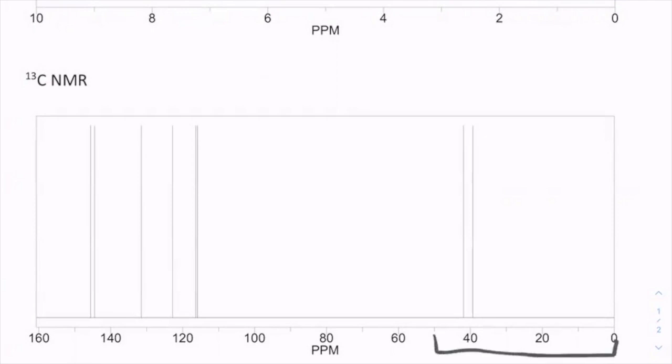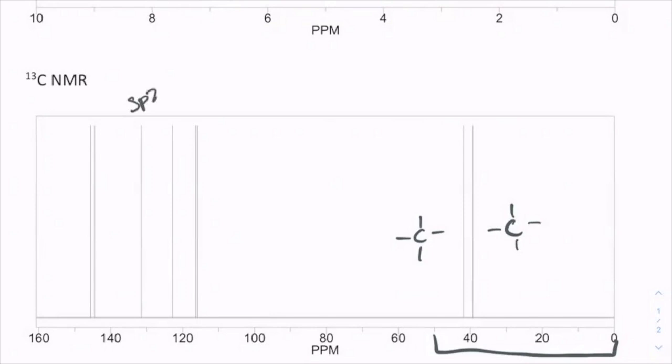So these are sp3 carbons, right? Yes. I don't think there's any carbonyl groups because it doesn't go above 150. Between these are all just sp2 carbons.